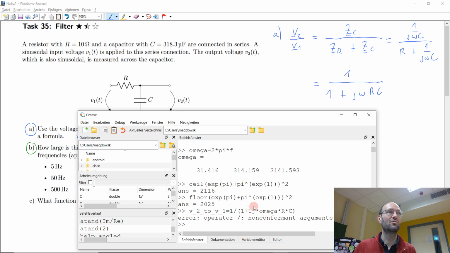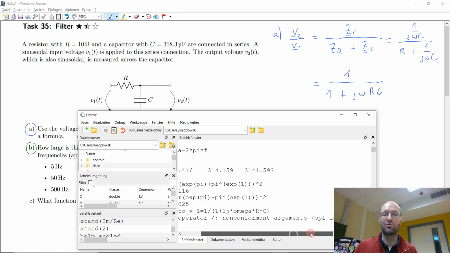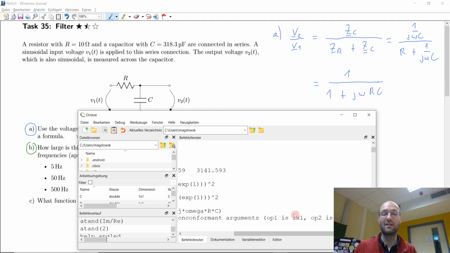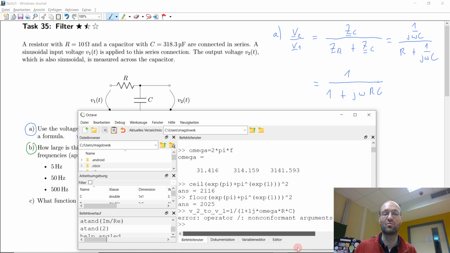So why does it not work in this case? If I show the full message, it says non-conformant arguments. Our operator, I'm not sure if this means operator, but yeah, whatever we input there at first is 1 by 1 and the second is 1 by 3, and that's why it does not work.